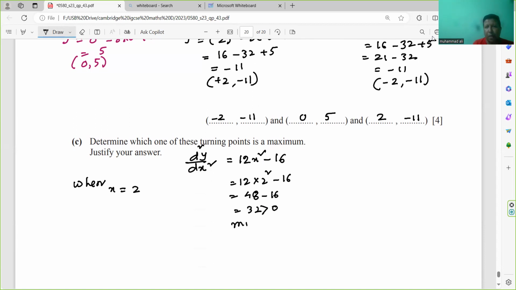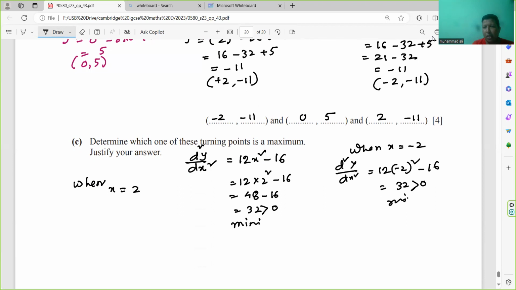This is minimum. We don't want minimum. So when x equals minus 2, d squared y by dx squared equals 12 into minus 2 squared minus 16, it is also minimum. We don't want these.